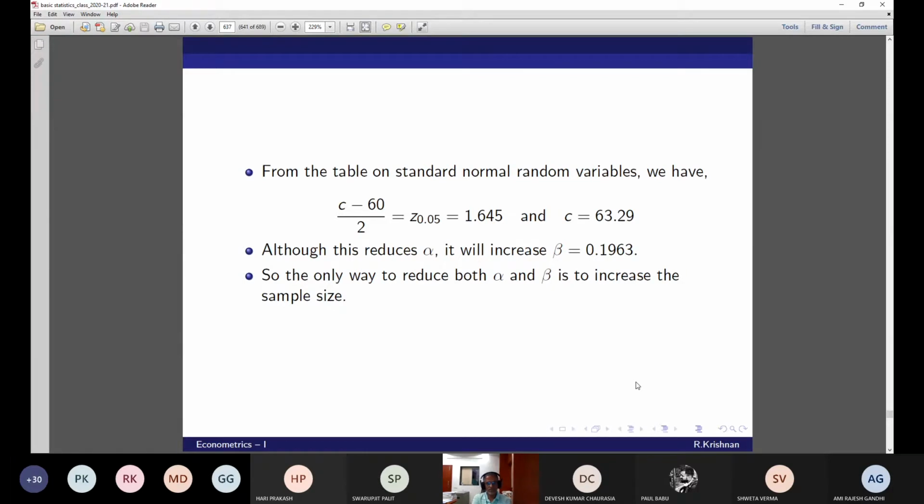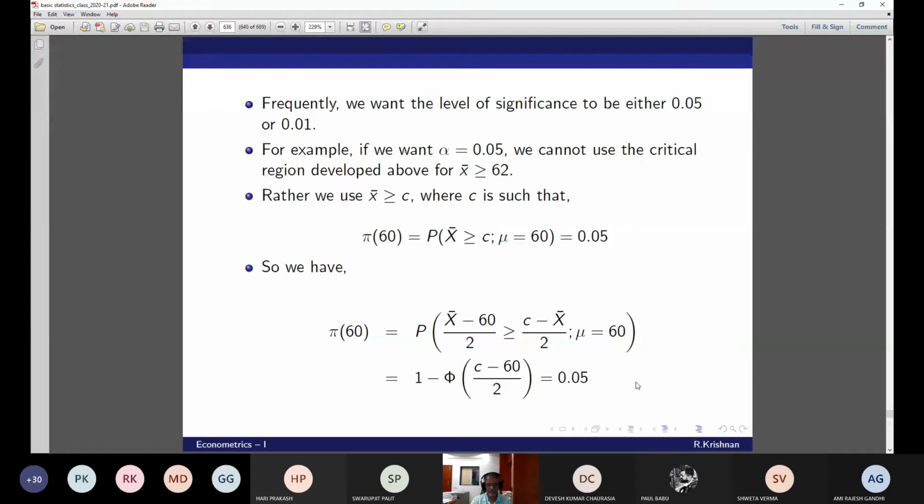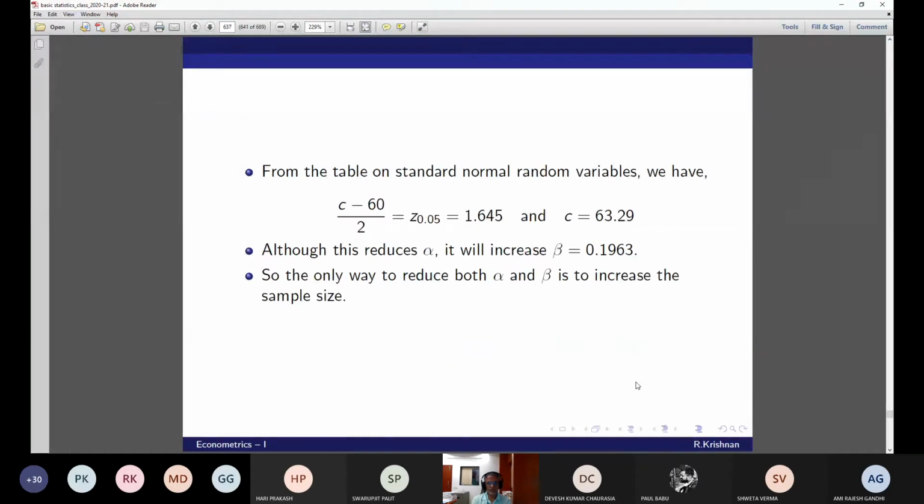So this is from the table on standard normal random variable. What we have done basically is I have inverted it. That's all you need to know. On standard normal random variables, we have (c minus 60) by 2 equal to z 0.05, that is z alpha. What is the portion cut off on the standard normal curve for critical level of 0.05?